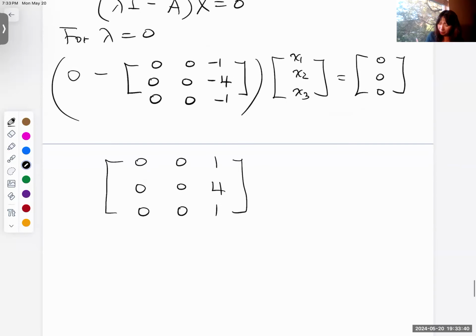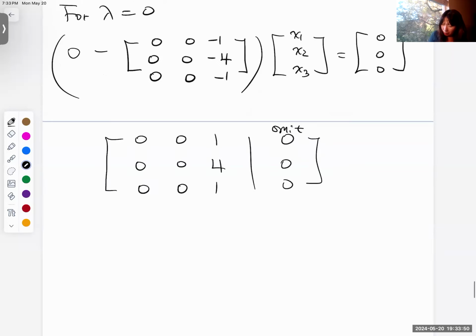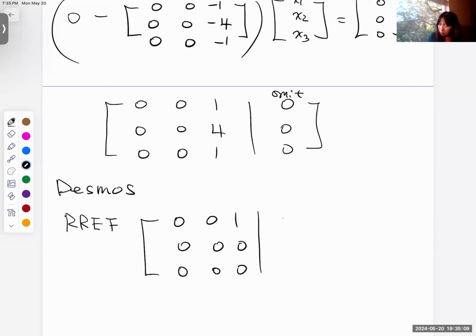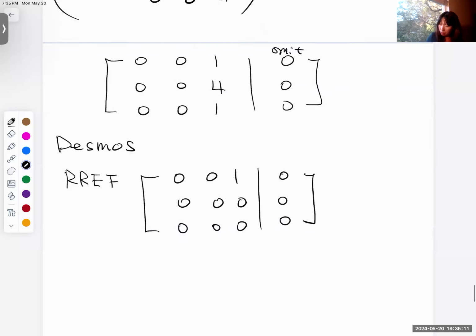Okay. Now, can you please use decimals? In the decimals, we can omit, right? Can you please find the reduced row echelon form? So we have 0, 0, 1, 0, 0, 0, 0, 0, 0, 0, 0, 0.